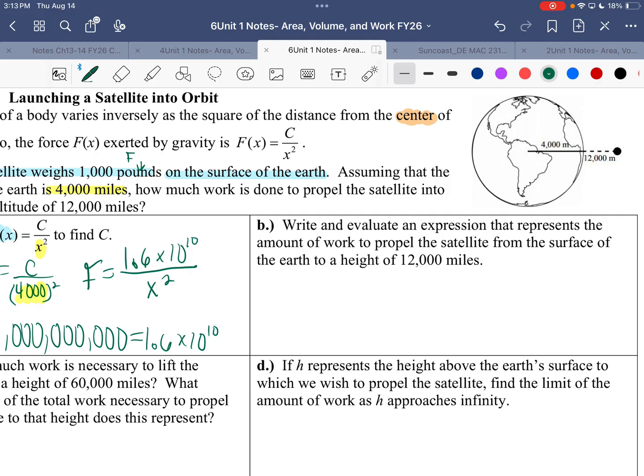Okay, so write and evaluate an expression that represents the amount of work to propel the satellite from the surface of the Earth to a height of 12,000 miles from the surface of the Earth. So we're doing work. We already know we're integrating 1.6 times 10 to the 10 over x squared dx.